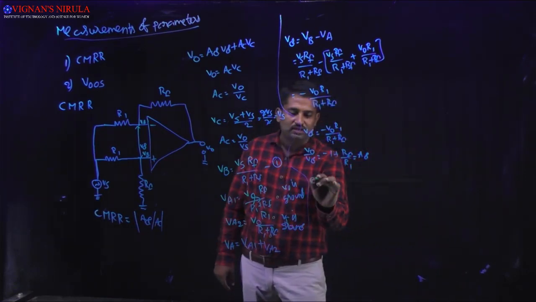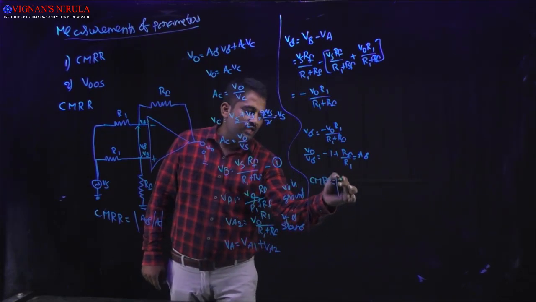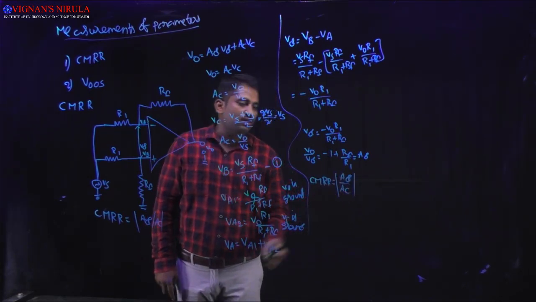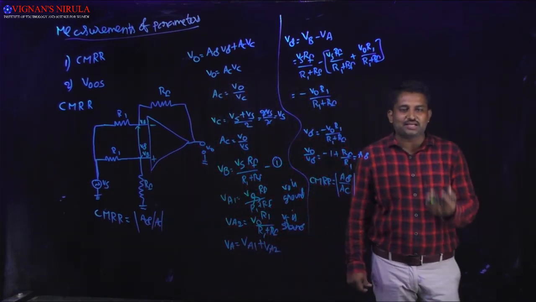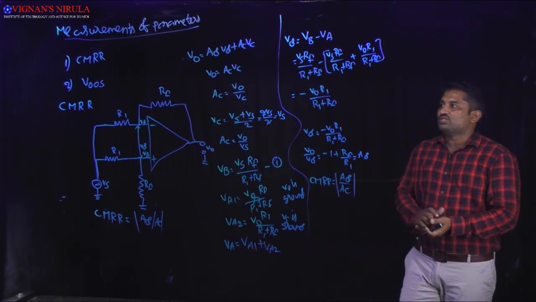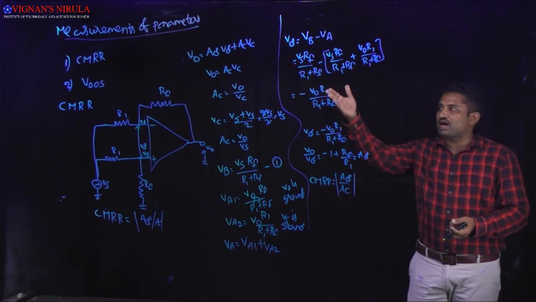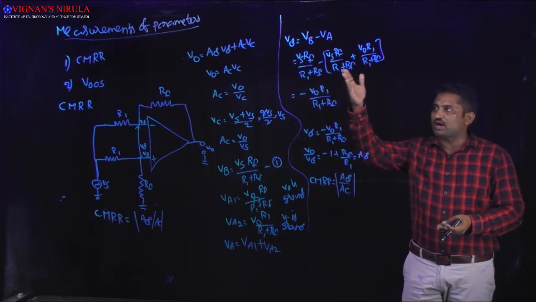CMRR is the ratio of differential voltage gain to common mode voltage gain, which is AD by AC. Once we know the values of AD and AC, we can easily calculate the CMRR value. This is the way we calculate the CMRR value, that is, the measurement of CMRR.